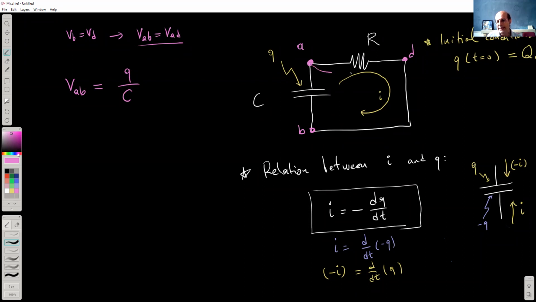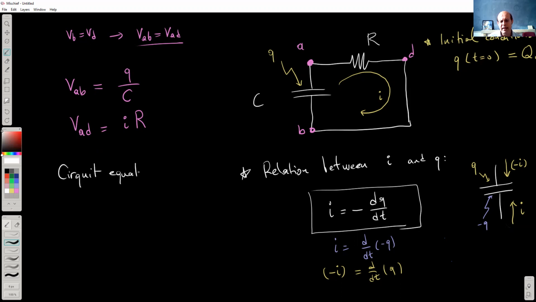And for the resistor, I know that there is a current flowing along this direction. Therefore, if current is positive, A is at a higher potential than D. So if I write this formula, VAD is going to be equal to I times R. Therefore, the circuit equation is this.